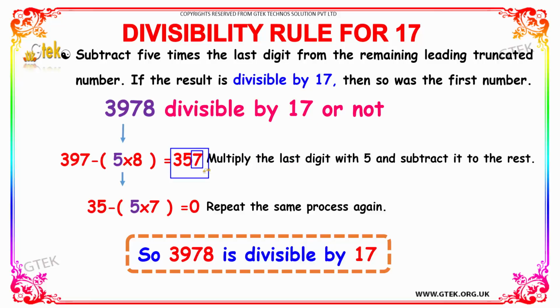We take the last digit and multiply it by 5: 5 times 7 is 35, and the leading truncated value is 35 as well. So 35 minus 35 gives you 0. Hence, the number is divisible by 17, since you got the result to be 0, which says the number is a multiple of 17.